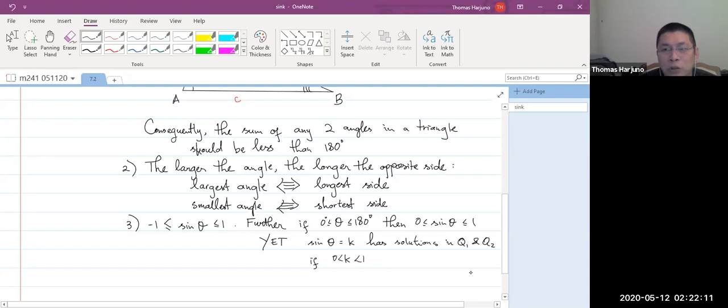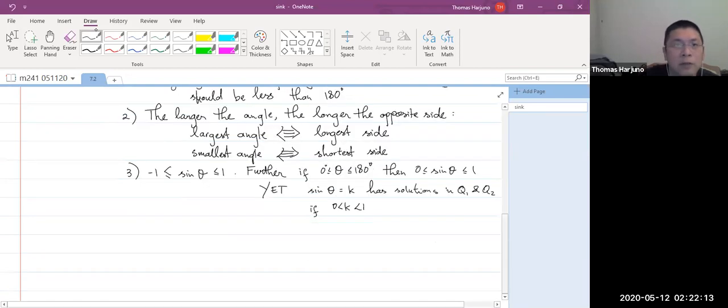Let's say, to remind ourselves, for example, sine theta equals 1/2. Then theta is 30 degrees, right? And that's in quadrant 1. And theta equals 150 degrees, and that's in quadrant 2.